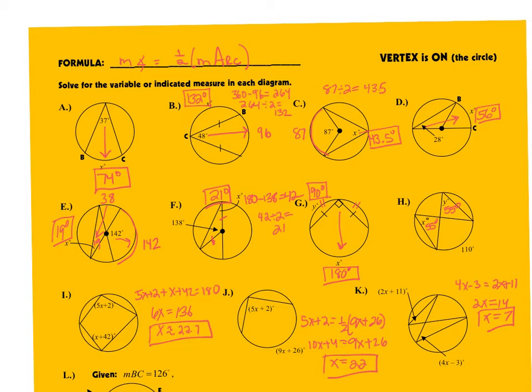If we look at letter E, central angle here is 142, so that tells us this corresponding arc is 142. If we go from here all the way over to here, that would be a semicircle, so it'd be 180. So if I take 180 and subtract out the 142, that will give me 38 for the arc. If I go from the arc into that inscribed angle, I'm going to divide by 2 and get 19.